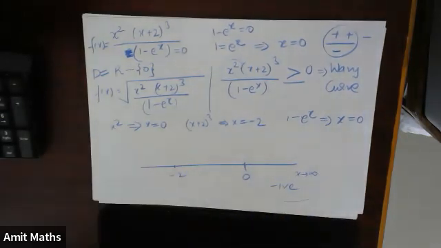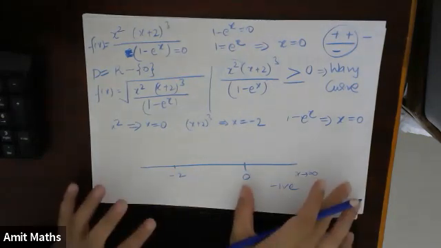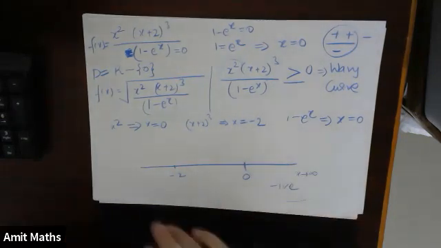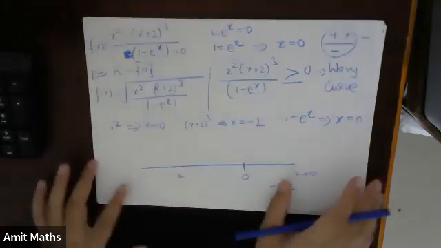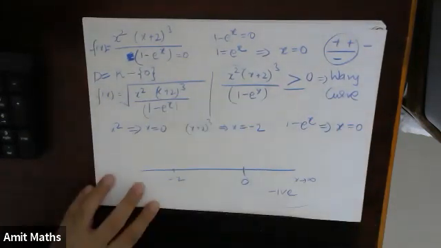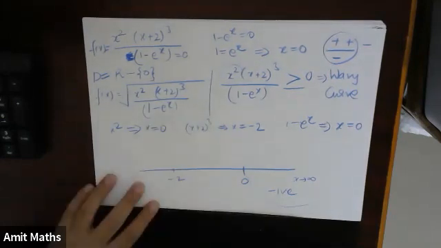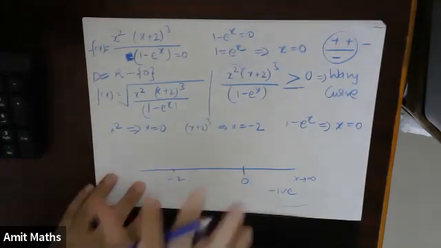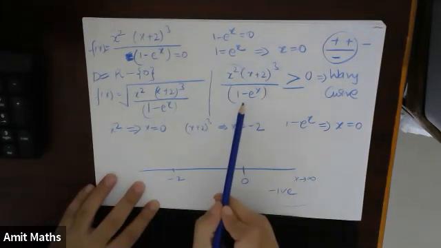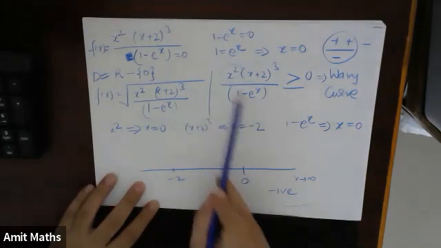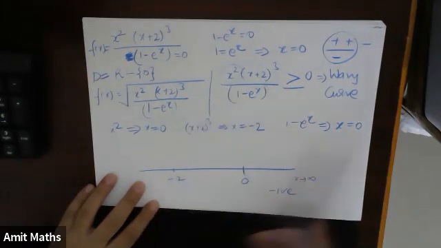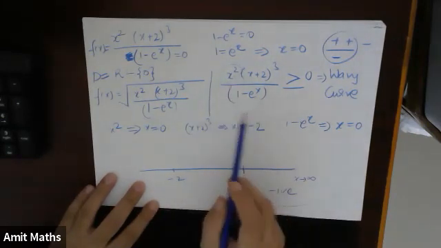Okay. Till here, I think everybody understood, right? This was the basic thing which we did in the wavy curve. Now see, in this particular kind of question, the problem which we face is that we have two different parts with the same critical points.